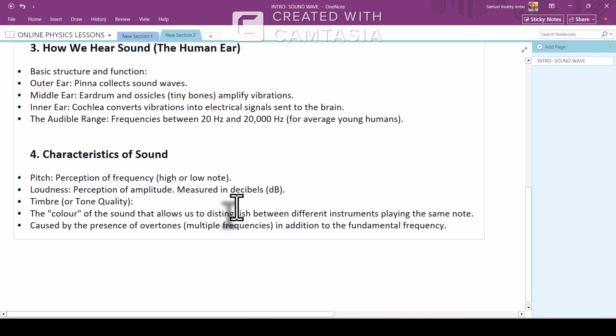So when I play a note like C on a piano, and then someone plays a C on a guitar, you are able to say that this is coming from a guitar rather than a piano. Okay, so a do on a piano is different from a do on, let's say, a bass guitar. All right, so this characteristic of sound is known as the quality or the timbre.